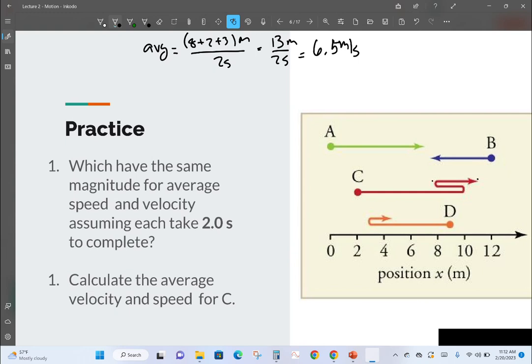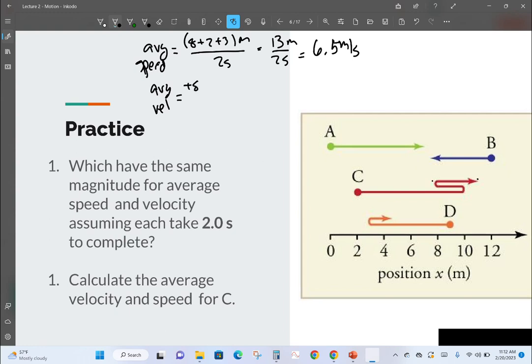Notice that I'm showing you my units all the time, I'm not just giving you answers. I expect you guys to do the same thing. And my average velocity, though, is going to be the displacement. So we went positive 8, negative 2, and positive 3.